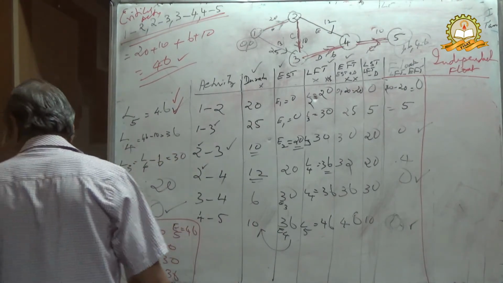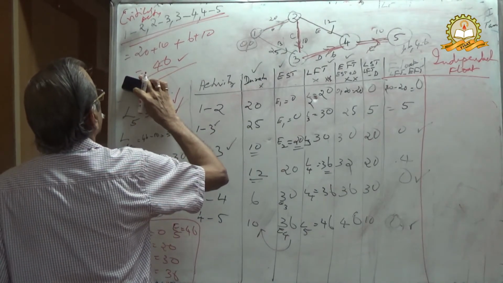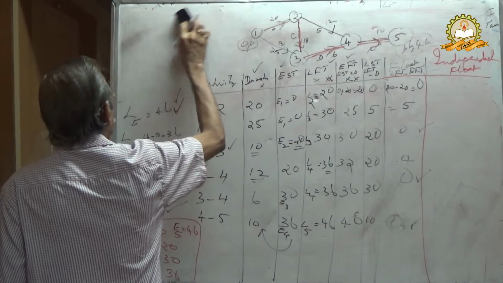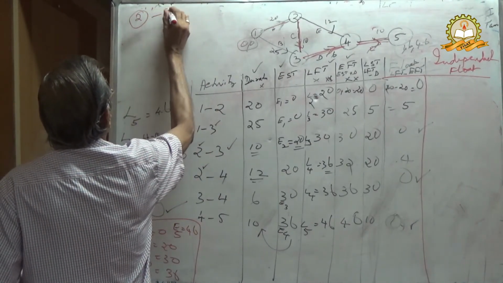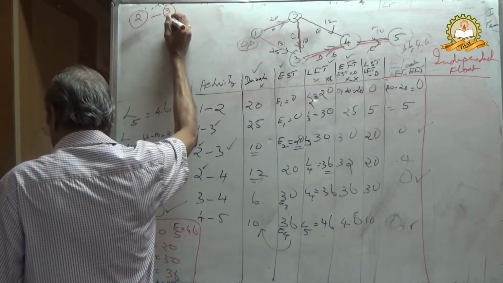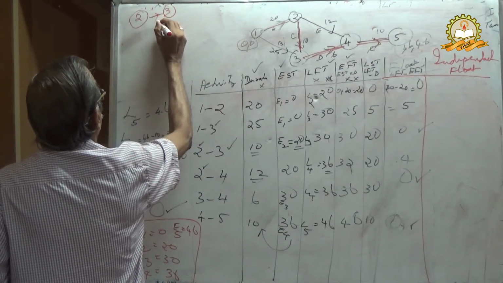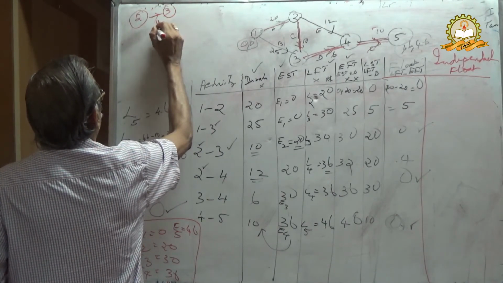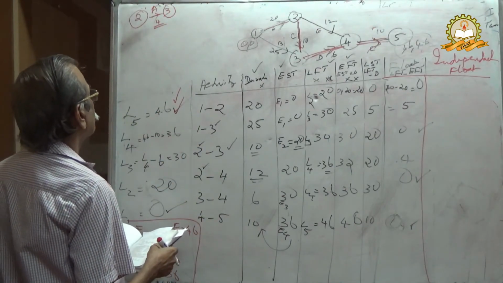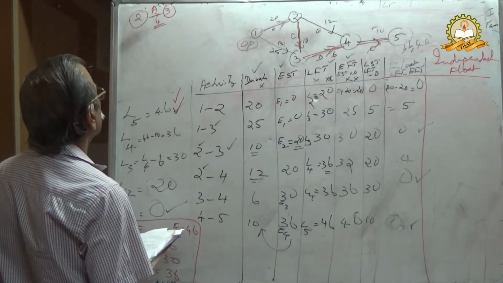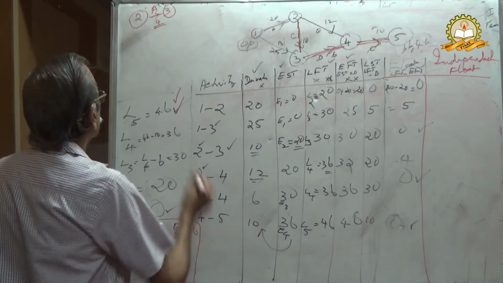Consider an activity A starting from node 2, ending at node 3, with the duration 4.